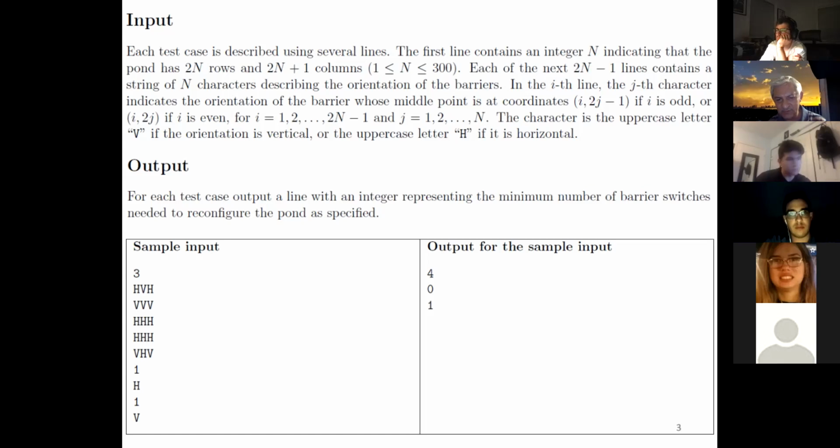Does that make sense? So over here, for instance, it says horizontal, vertical, horizontal. So if the first barrier is horizontal, that means that the first cell is connected to its horizontal neighbor, but not its vertical neighbor.